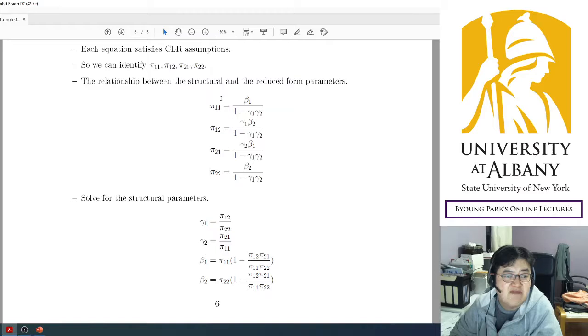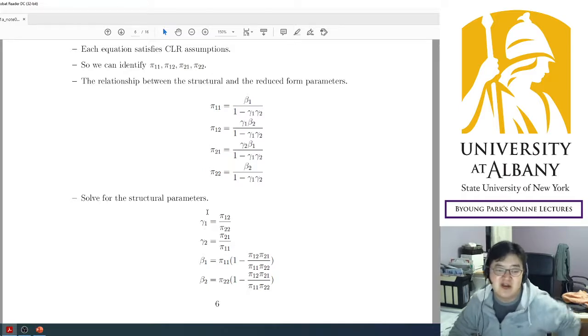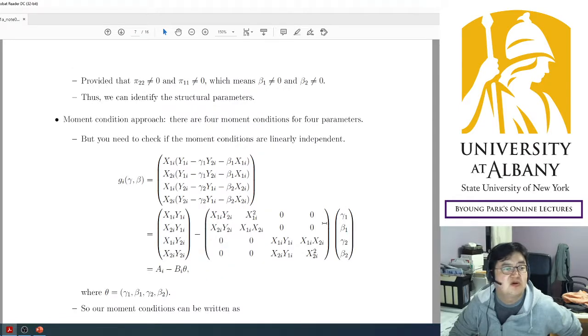So if you can estimate the reduced form, then you can recover the structural form parameters this way. So it's identified. Of course, I assume that the denominator is non-zero, so there is no problem.